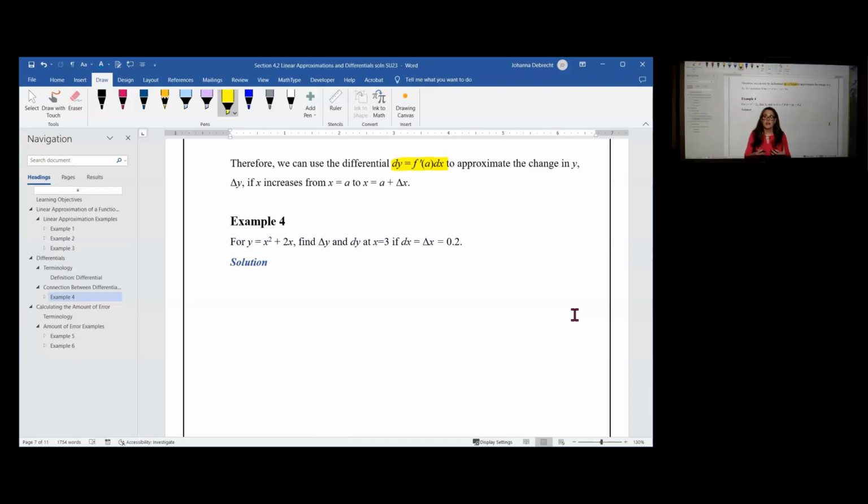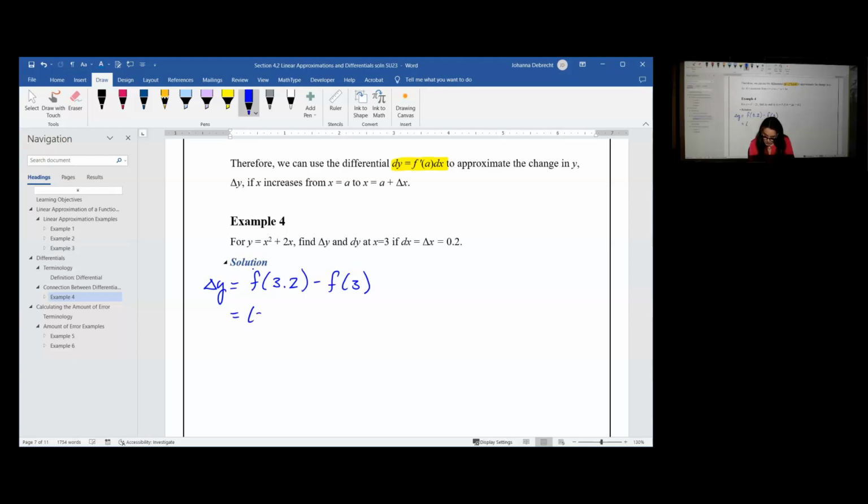To truly find the real change in y values on the function, we need to find the function value at 3 and 3.2. So we need to evaluate the function value at 3.2 minus the function value at 3 to get the actual true value of delta y. Let's substitute those values in now and compute.